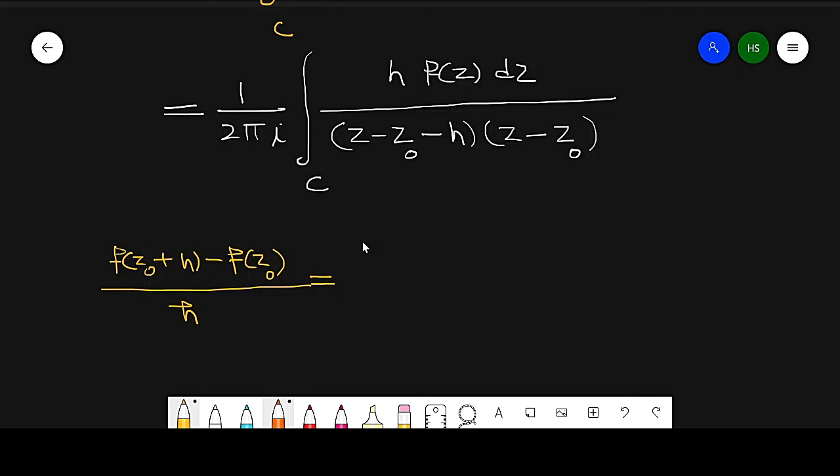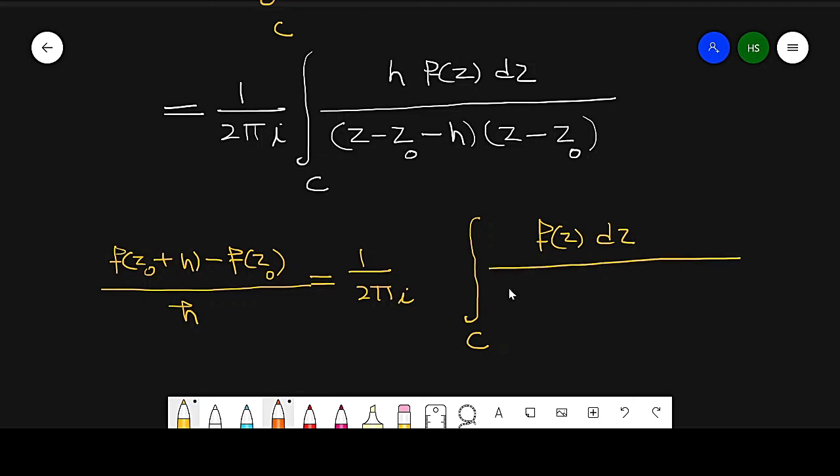This value is equal to 1 by 2 pi iota integration c, this h cancels, so f of z into dz over z minus z naught minus h into z minus z naught. Now what is this value?